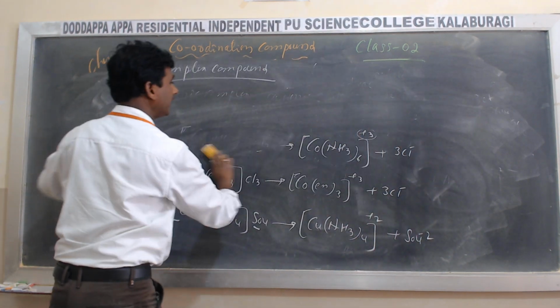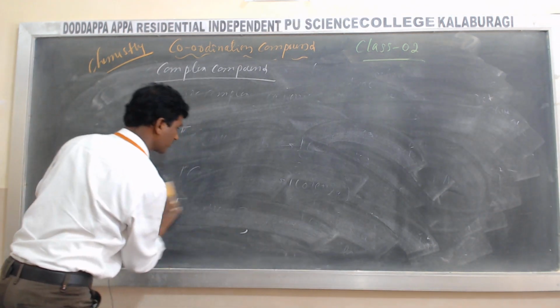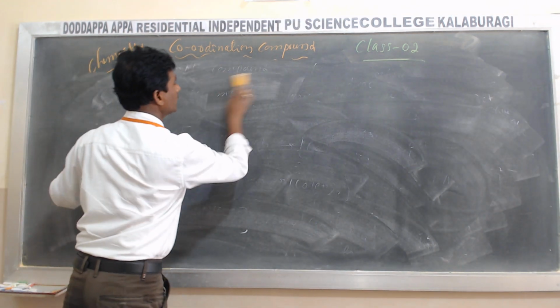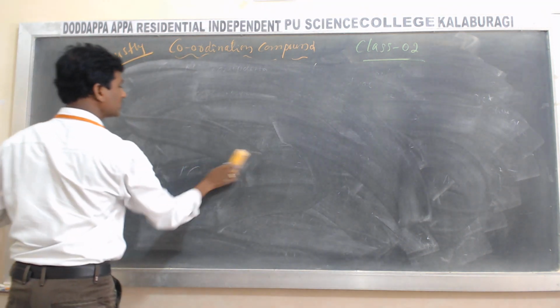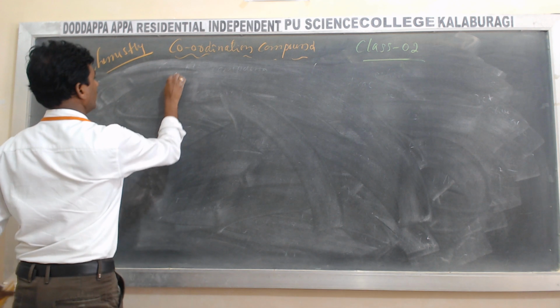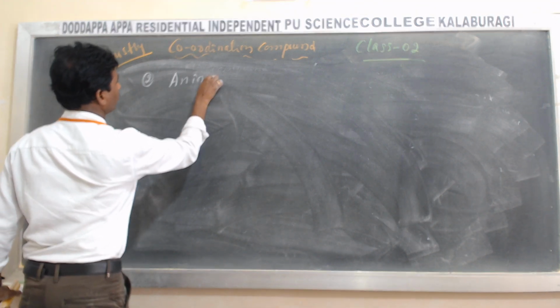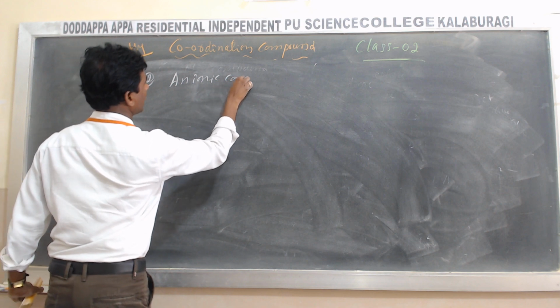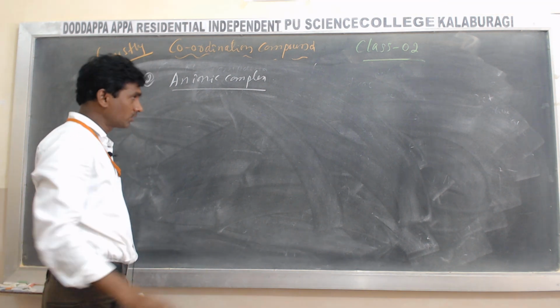Next is the anionic complex. Very important. The first, cationic complex, is over. The second one is the anionic complex. So what is this anionic complex?